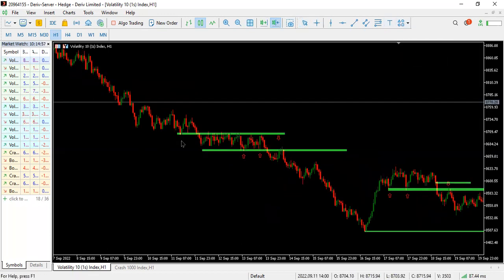Can you see it? The price was turning this side as a what? As a support on the 1 hour time frame. The price was turning as a support twice.